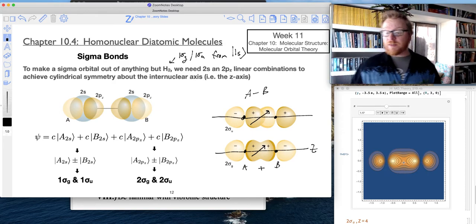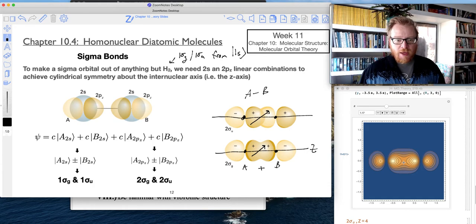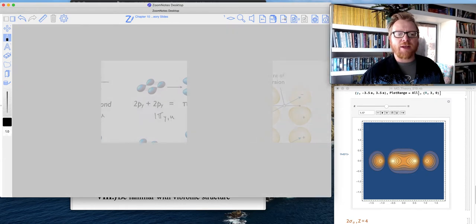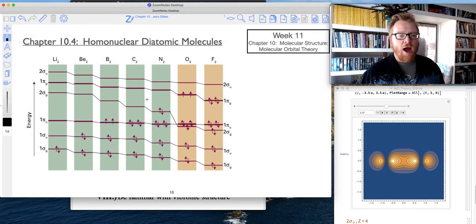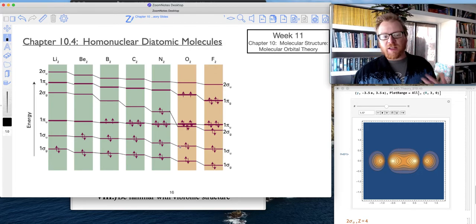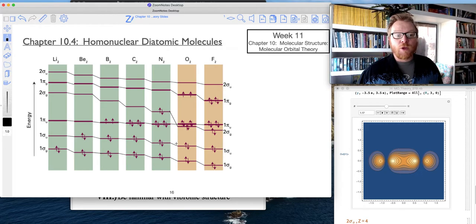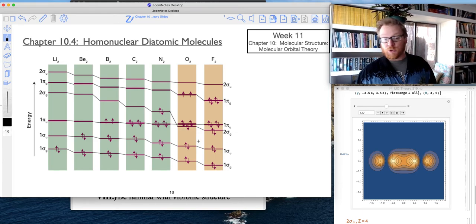There is still going to be some overlapping regions there. And so what ends up happening when you get into nitrogen and oxygen, for example, which is half filled or more, you've got electrons in all of those p orbitals, which will then contribute not only to the pi bonds, but also this 2 sigma bond, okay?